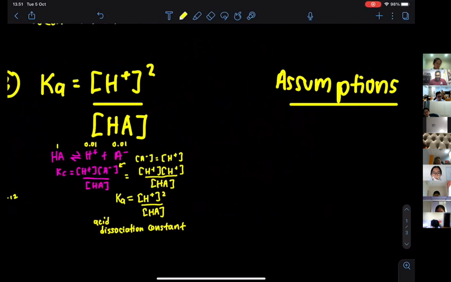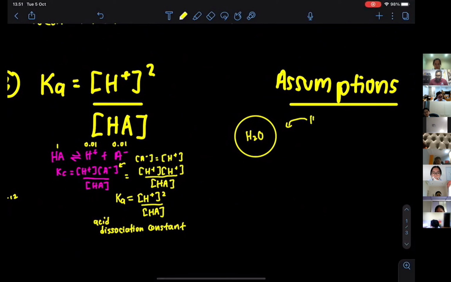Very, very important. What is the assumption? It's similar to water earlier. You have pure water, and then I add acid. The acid will only behave as an acid when you have water. So I'm adding acid into water. If you have HA, it gives you H plus and A minus.